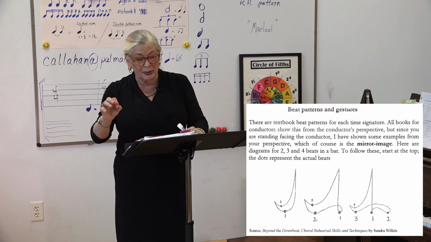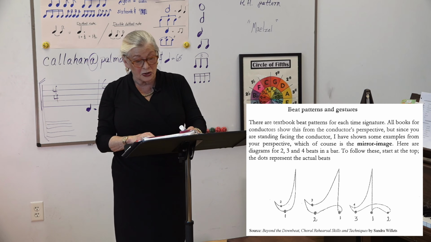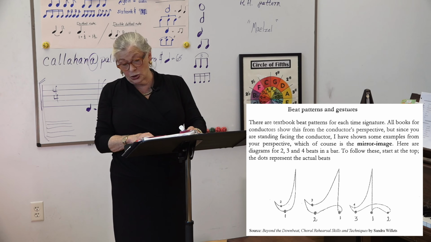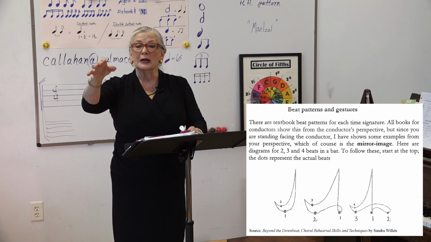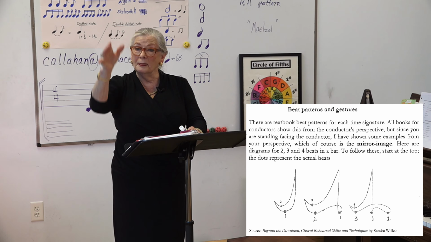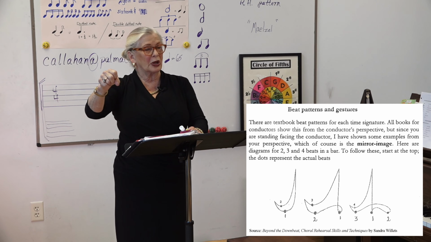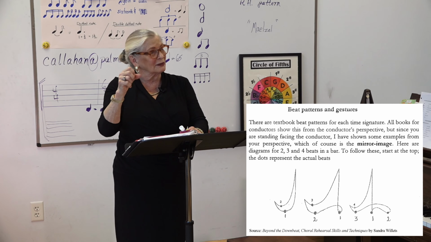The conductor's upbeat at the start of a piece or section that begins on a downbeat of the opening measure should tell you all that you need to know about the speed and the mood of what you're about to sing. So if it's a gentle piece, the conductor will go up, down. If it's a forceful thing, boom, you'll get a little bit more.